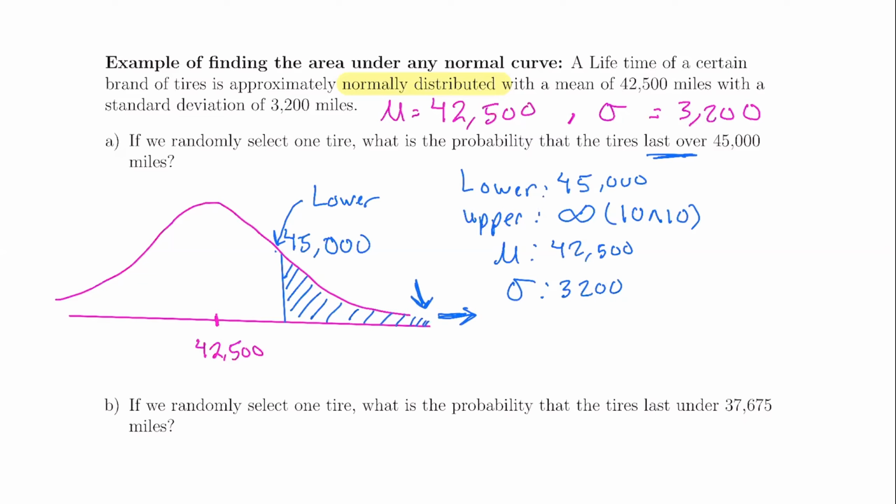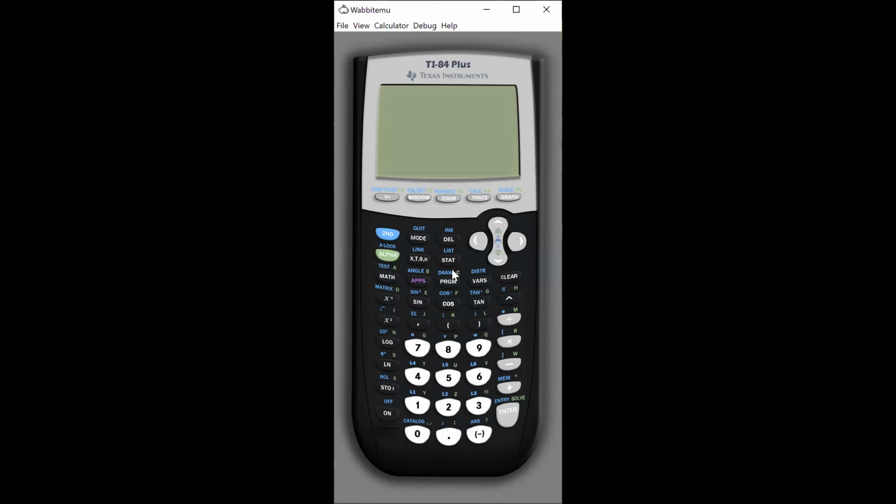All right. What I'm going to do right now is transition over to the calculator to get the answer. First thing you want to do, turn it on. Once again, I'm going to go second, bars, and go to normal CDF. I'm going to enter all of the information we have.